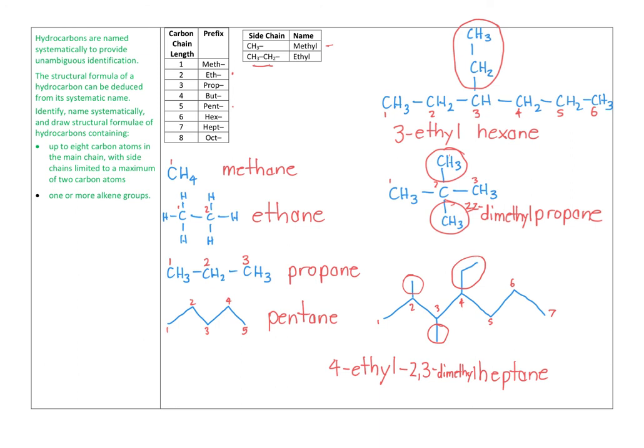Now, the other one that you do need to name, which I've just realised that I didn't draw here, let's do this in a different colour, is where we have alkene groups. And an alkene group is just a carbon-carbon double bond.